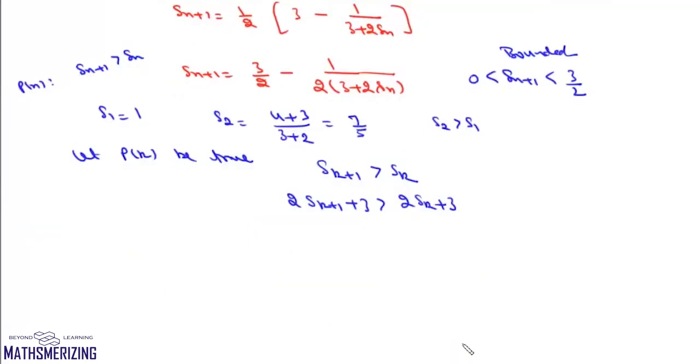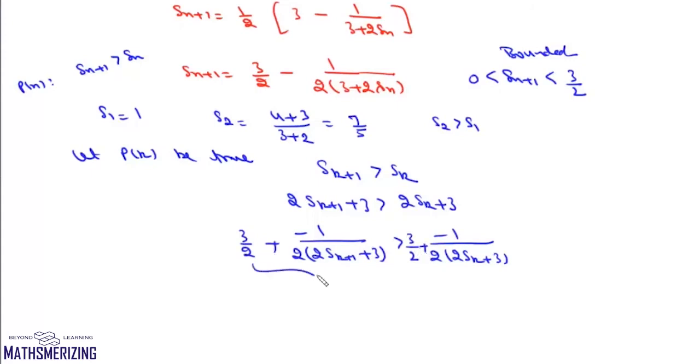Now we'll take the reciprocal and we'll multiply it with minus 1 by 2. So we can write minus 1 by 2 (2Sk plus 1 plus 3) will be greater than minus 1 by 2 (2Sk plus 3), and then we'll also add 3 by 2 both sides.